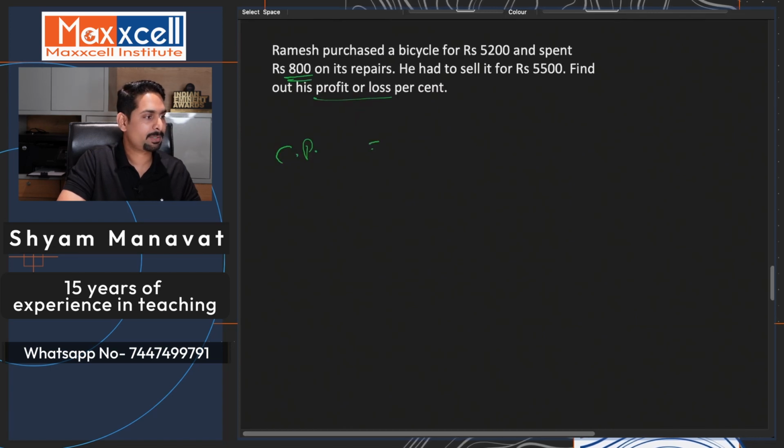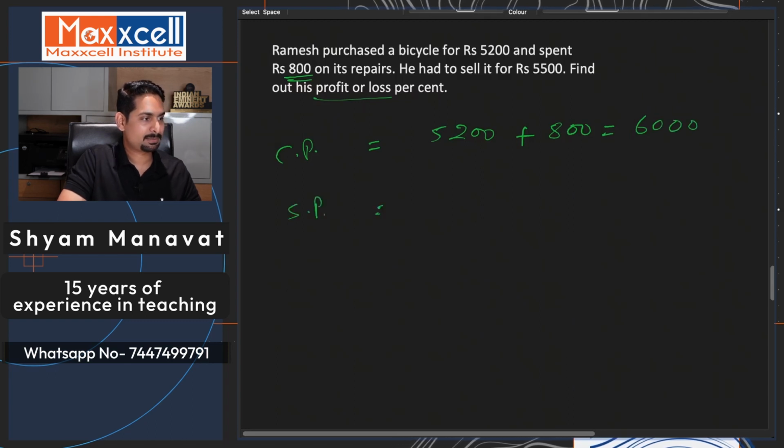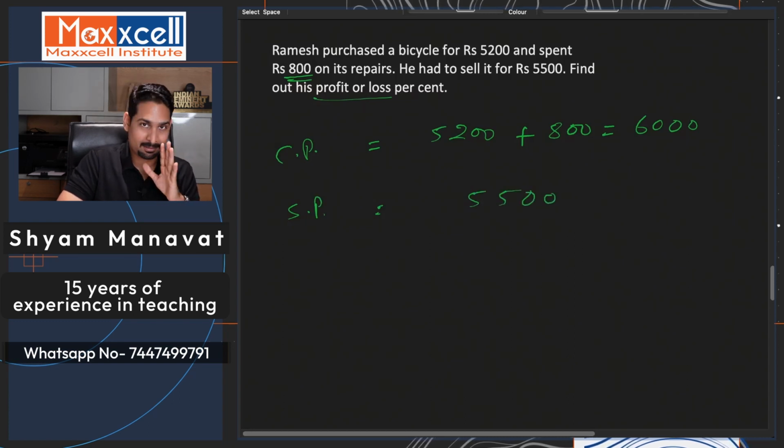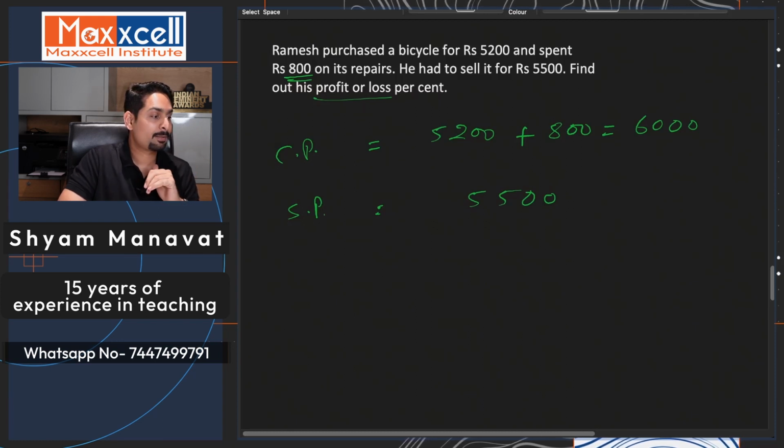So cost price should be 5,200 plus 800 gives you how much? 6,000. Okay, and selling price is only 5,500. Is Ramesh making profit? Of course not. He is not making profit because he is selling at lesser price. Okay, so this is the case of loss percentage.